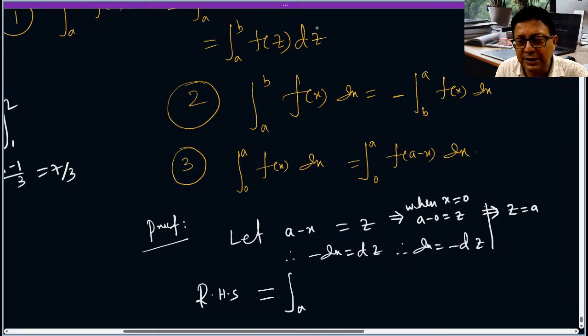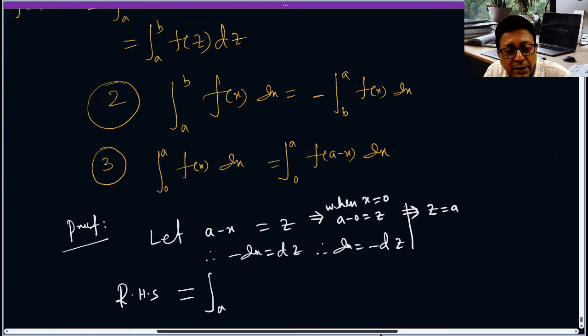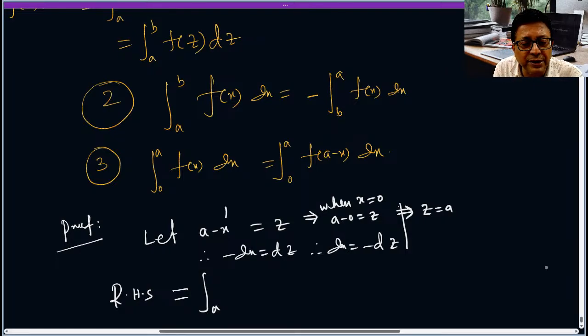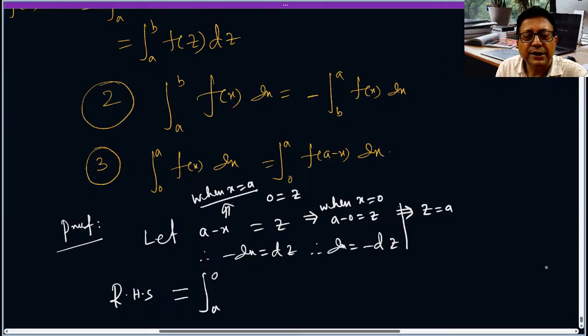So lower limit is a, isn't it? Upper limit a is there. How to change it? Again on this only. When x equals a, 0 equals z. So this is going to be a to 0. And f(a minus x) you must change to f(z).